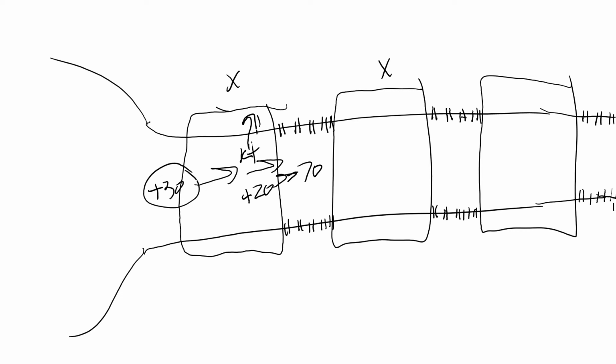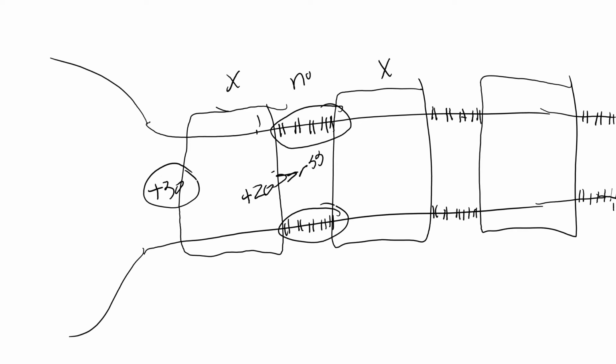By the time that it gets into the section of the axon that is the node of Ranvier, this portion of the axon that's exposed between two sections of myelin sheath, it's going to easily depolarize that region to a threshold level, which is negative 55 millivolts, and all of these voltage-gated sodium channels are going to open up within the plasma membrane of the node of Ranvier, this exposed portion of the axon.